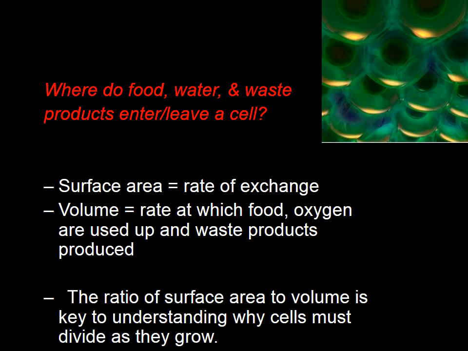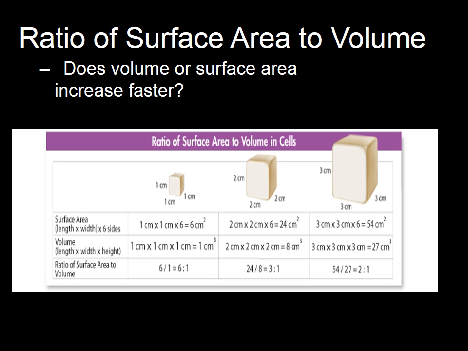Because remember, the food is what helps the cell get energy, if you remember from our cellular respiration. So the ratio of surface area to volume is key. It is the big reason why cells have to divide as they grow and why they can't get too large.